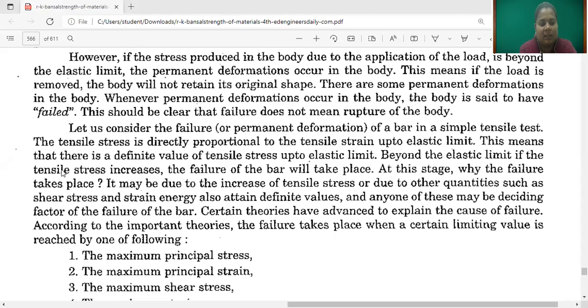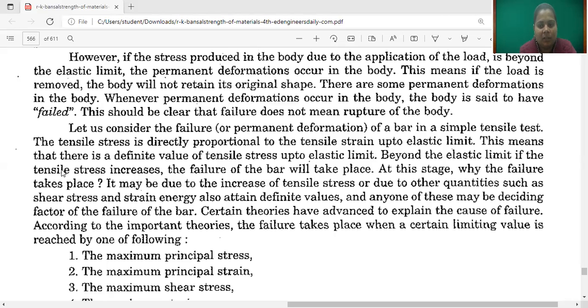This means that there is a definite value of tensile stress up to elastic limit. Full stop.